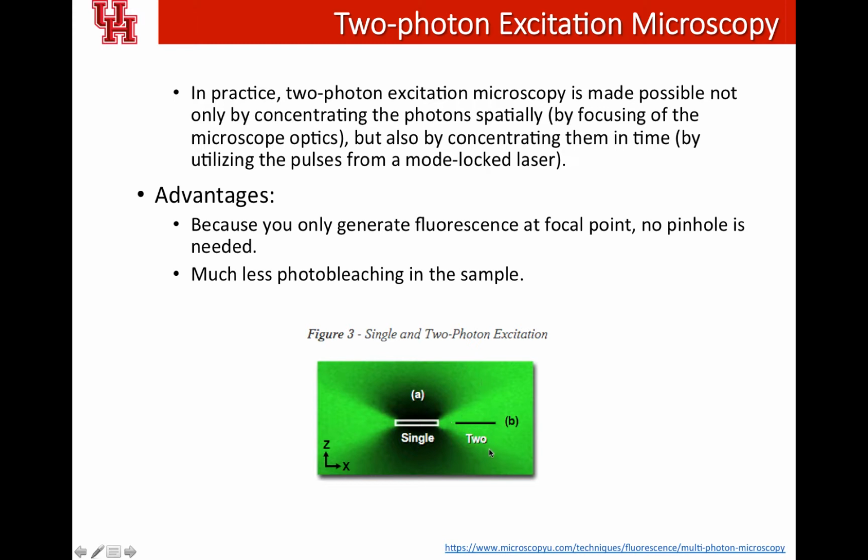All the other areas on top and bottom are not affected. That's how good this two photon excitation microscope is. You don't need a pinhole to block the out of focus fluorescence flare, and you only need the focused pulsed laser. That's the advantage of the two photon scanning excitation microscope.